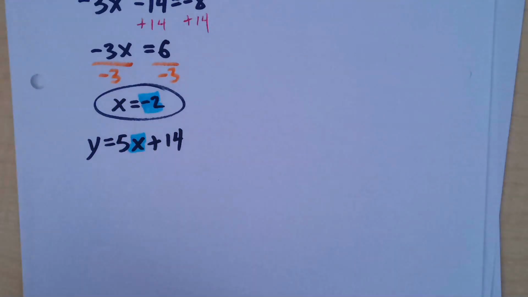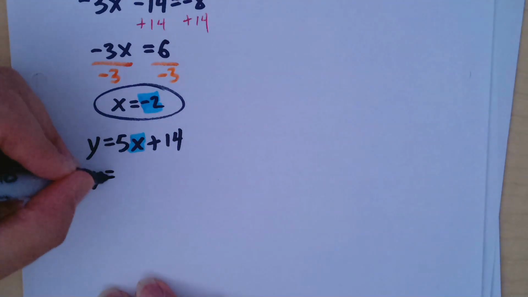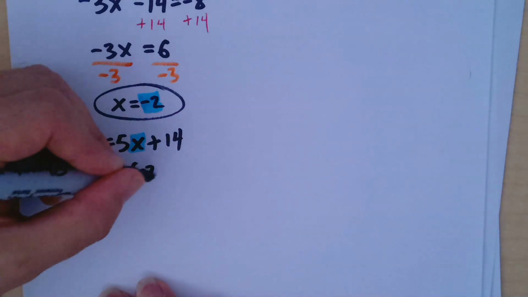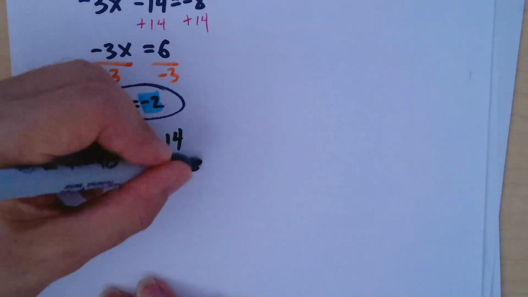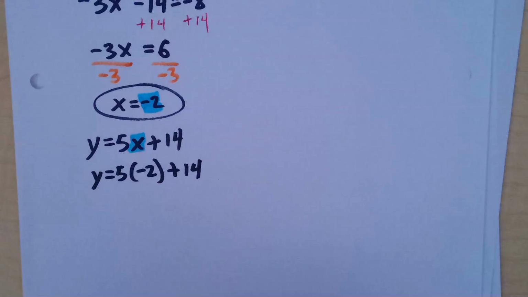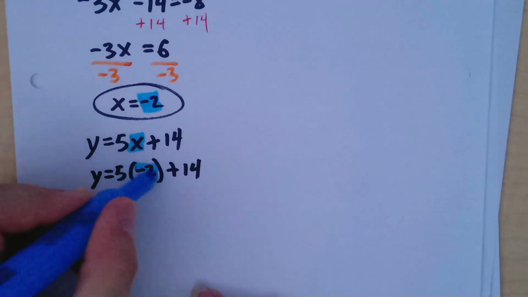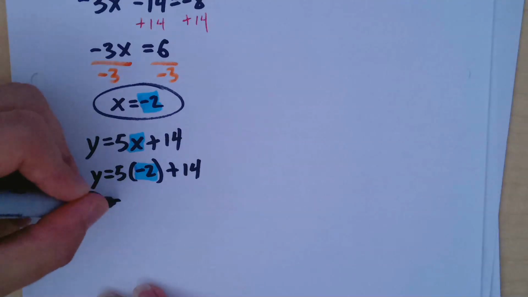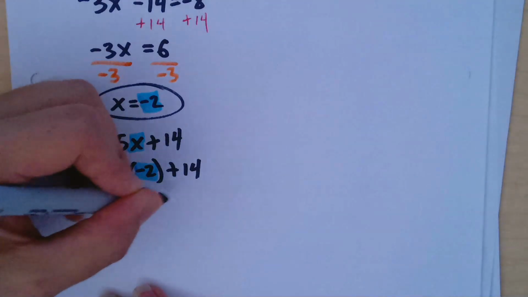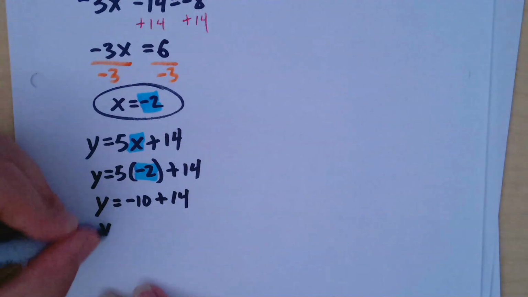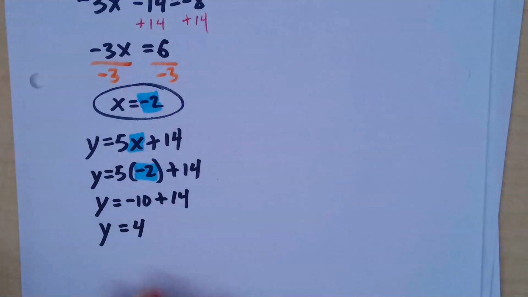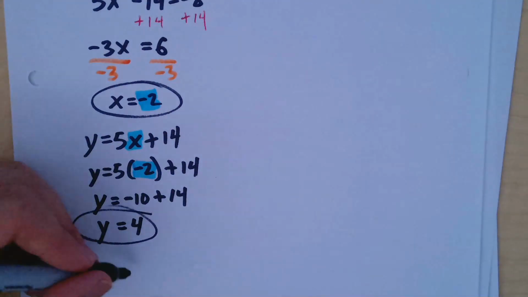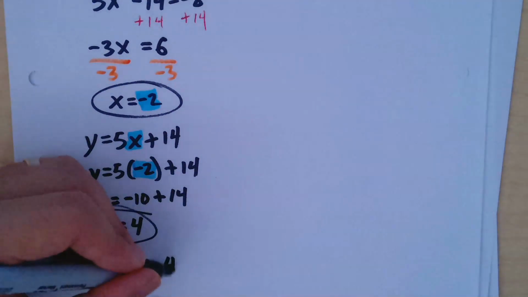And so I'm going to have y equals 5 times negative 2 plus 14. Okay, so then I get y equals negative 10 plus 14, so y equals 4. So my solution is negative 2, 4.